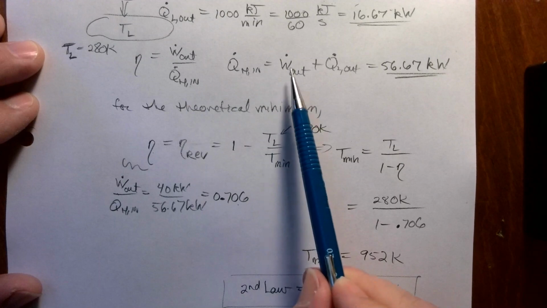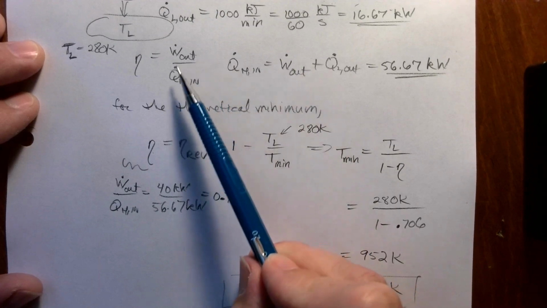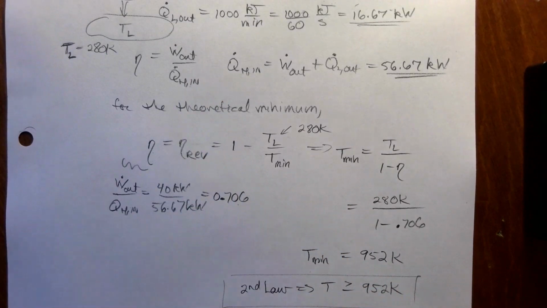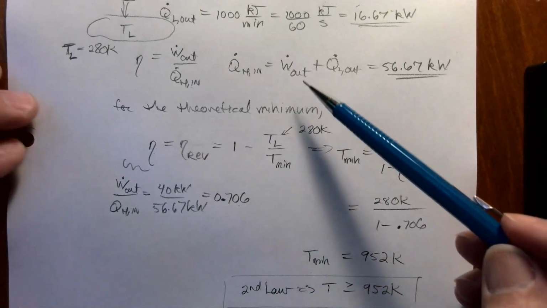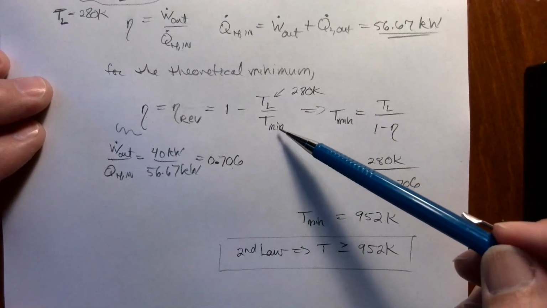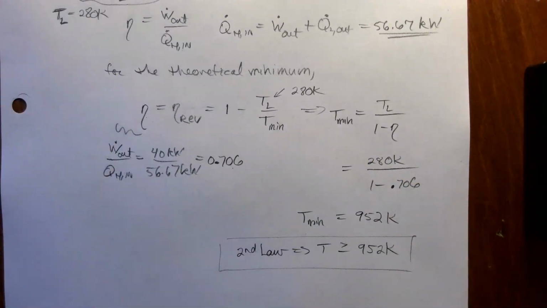Make a substitution with an energy balance to put this in terms of just the heat transfers, and when you finally get a QL out over a QL in ratio, replace that with TL over TH. So it's not too difficult to get to this if you don't remember it, if you just know the concepts.